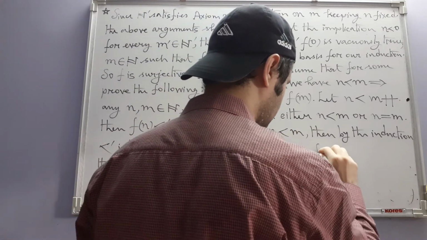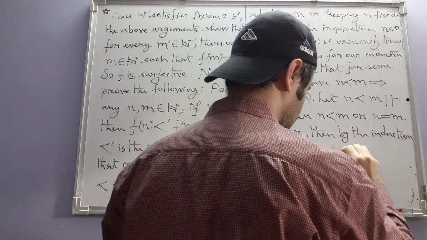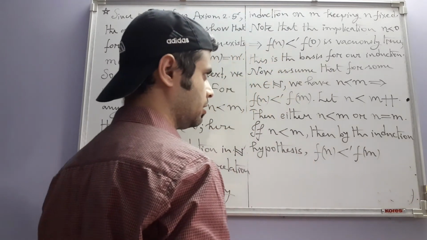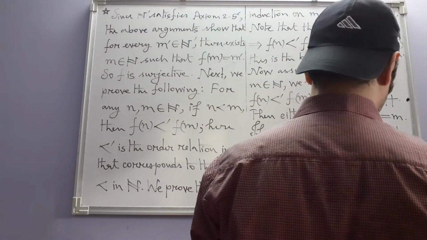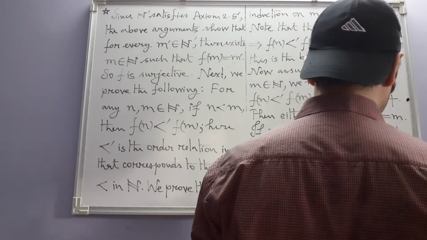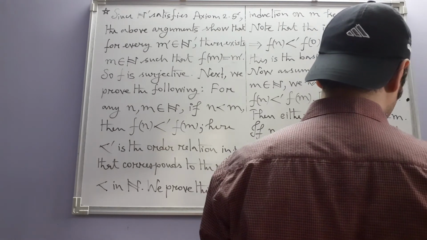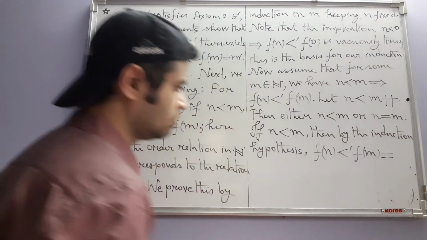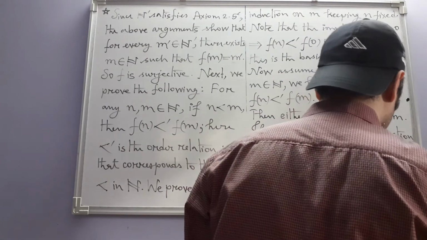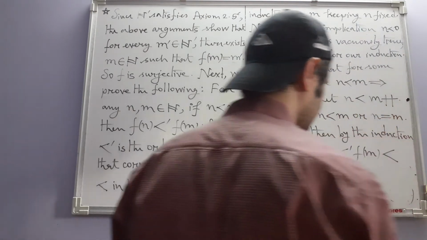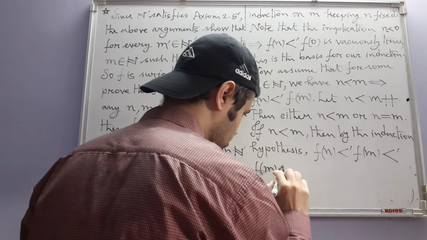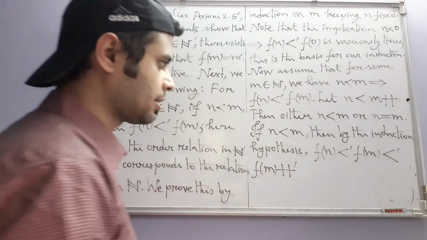we have f of n is less than f of m, and we need m plus plus here, so this is less than the successor of f of m.